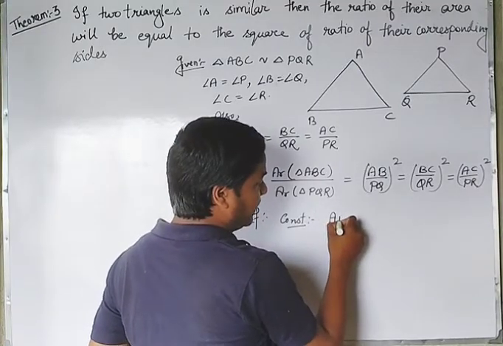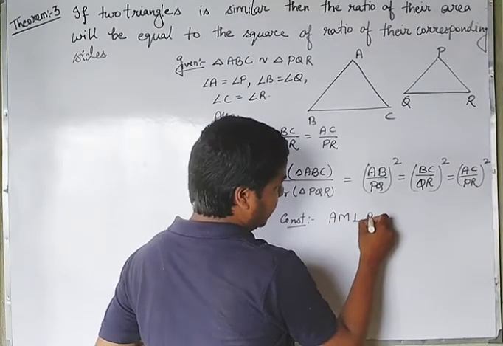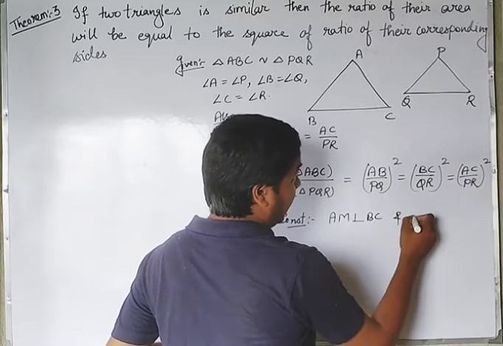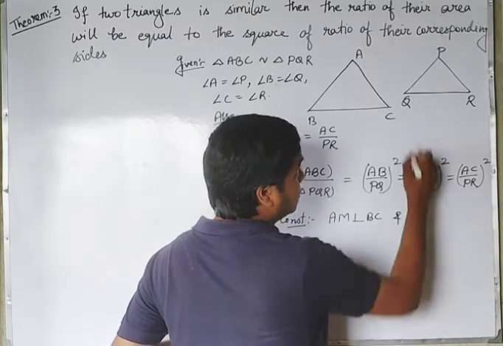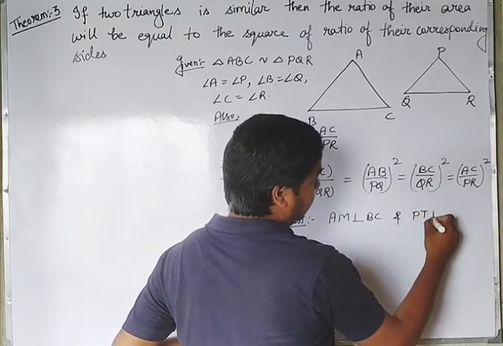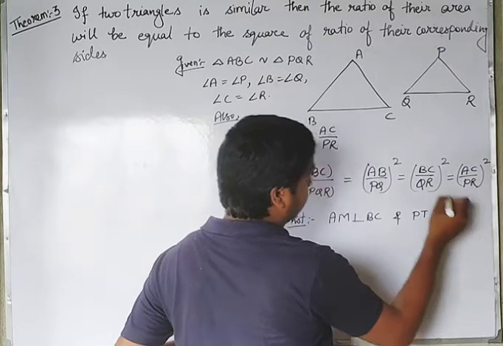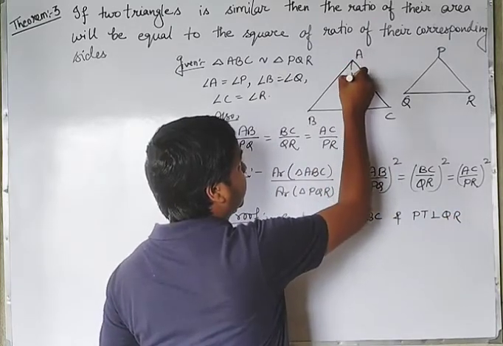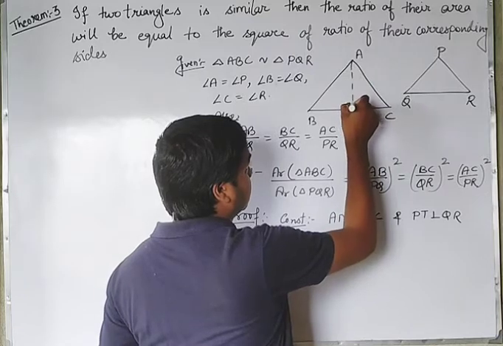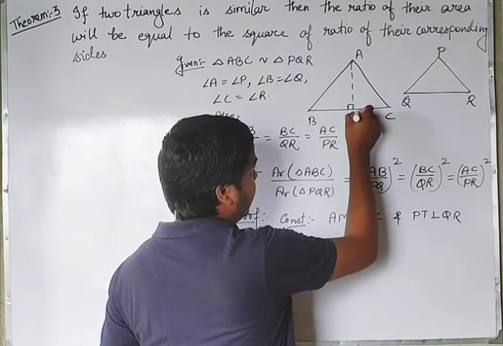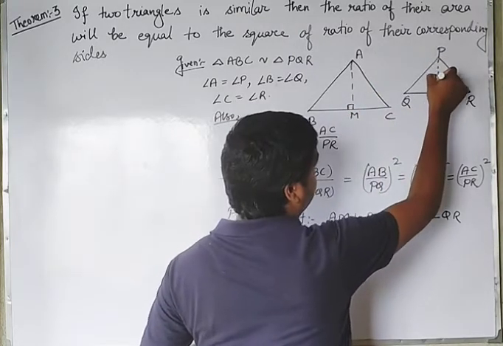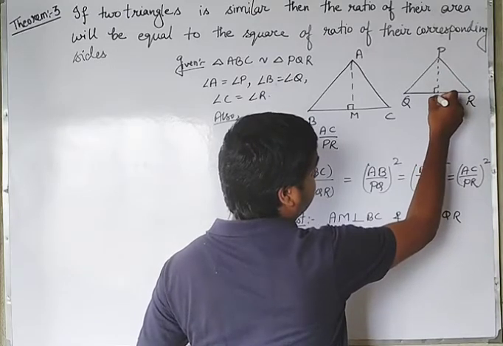One perpendicular I am drawing here, AM is perpendicular to BC, and another one I will draw here, PT is perpendicular to QR. This is named M, and this one is PT.